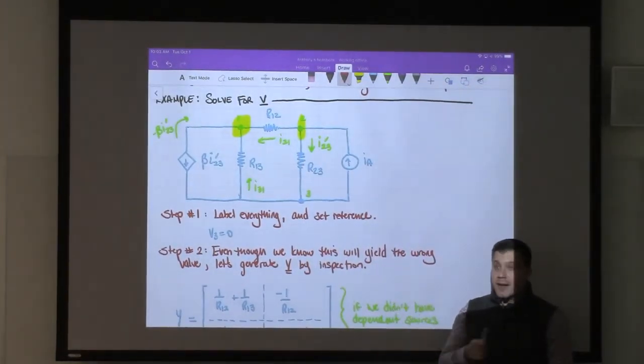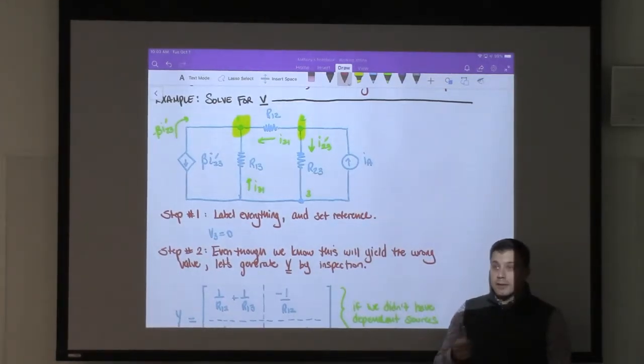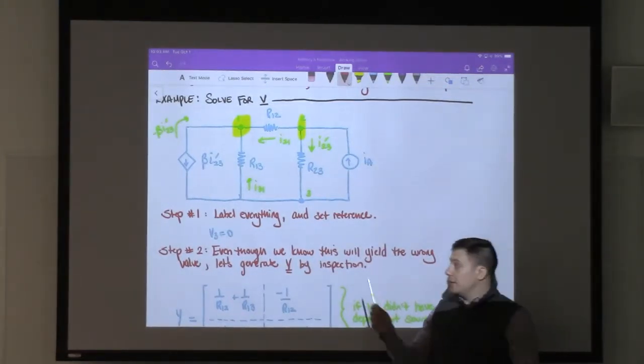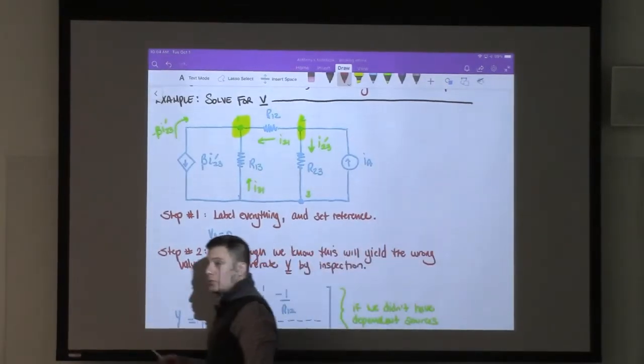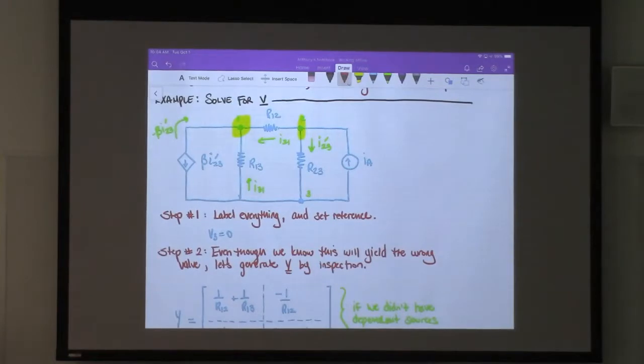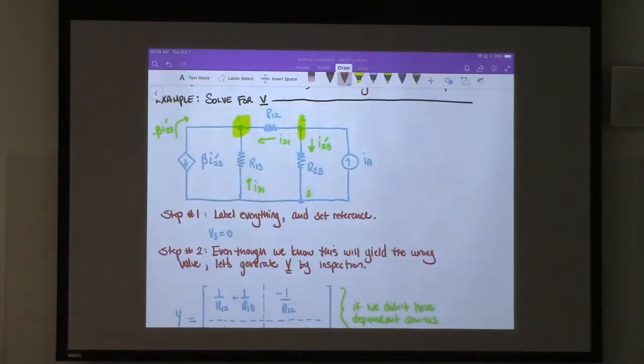So then I can just cut that out of the nodal analysis. I'll eliminate the first row and the first column of the admittance matrix, which in this case would reduce the 2 by 2 problem down to a 1 by 1. So you just have to generate a single equation in order to solve.